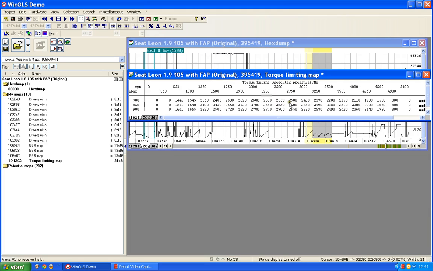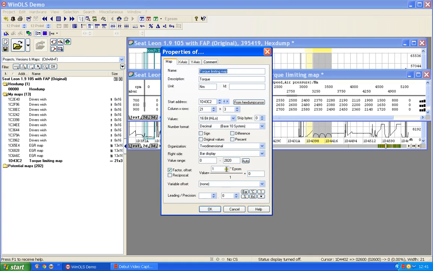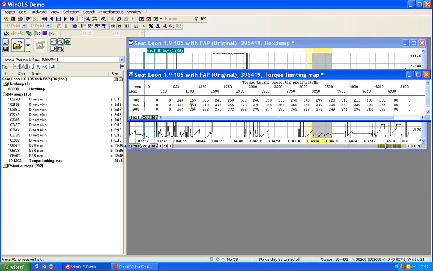It obviously isn't 0.1 because those figures are still too high. Oh, it didn't take, that's why. I wasn't looking properly. Okay, there we go. So we've got reasonably sensible figures for a torque output from a torque limiting map. So that would seem to be okay.